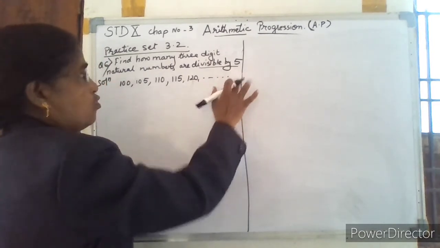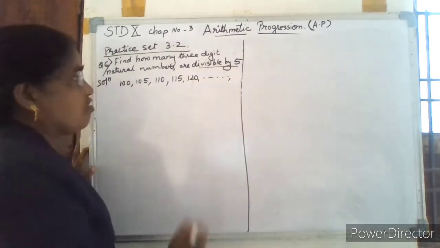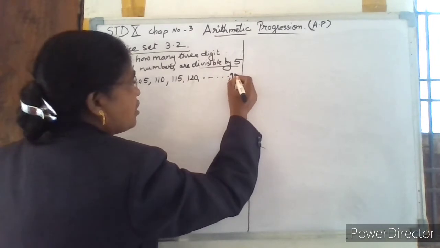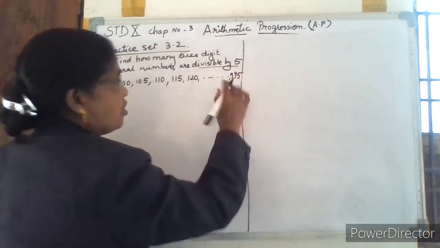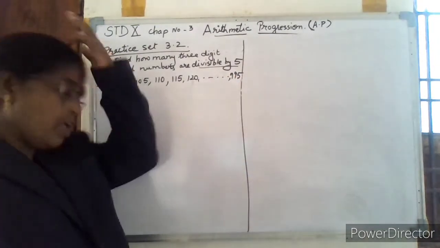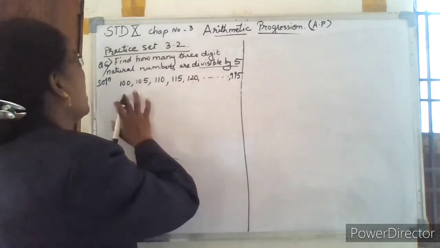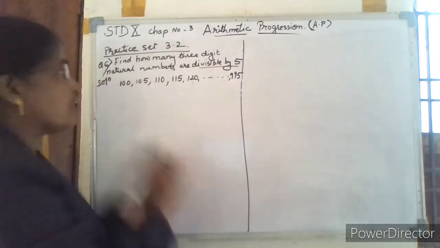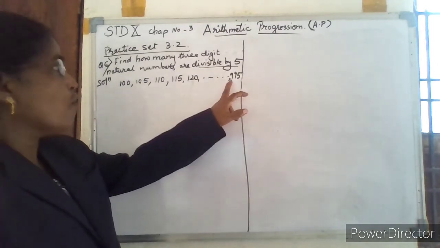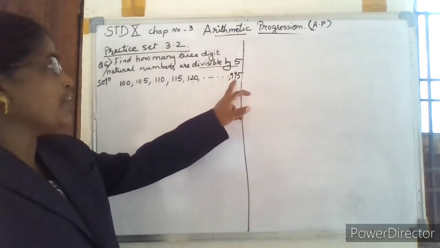So we will take the last number as 995, which is divisible by 5. So we have the nth term, that is the last term, as 995.